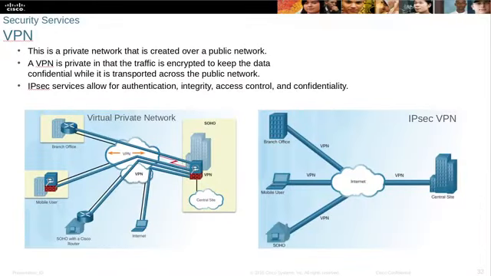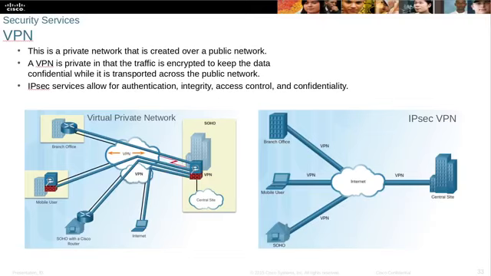A VPN, it's a virtual private network. This is a private network that's created over a public network. Effectively, you create an encrypted tunnel, a VPN tunnel, from one VPN endpoint to another VPN endpoint, and any traffic that travels across that encrypted tunnel is safe. So you could have a remote worker on one VPN endpoint, you could have the head office on another VPN endpoint. It will create an encrypted tunnel between those two VPN endpoints, and any traffic that's sent across that tunnel is safe.